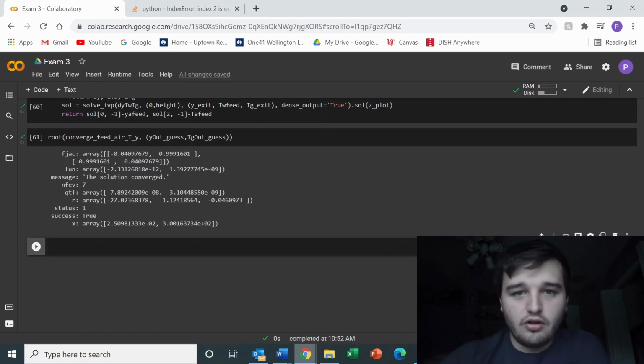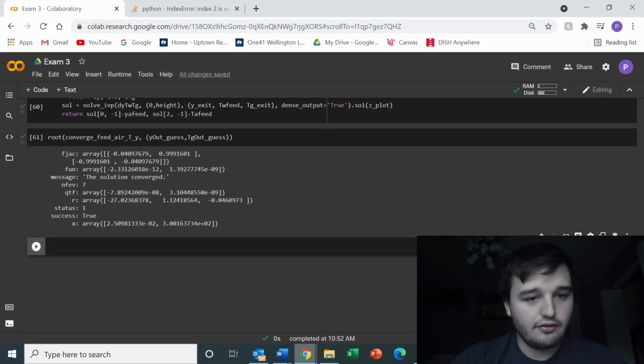So now that we have globalized sol, the solution to the IVP as well as the convergence solution from the root solver, we can go ahead and graph these solutions with the linearly spaced values from z plot as the x value for our graphs, and the y value will be the solutions, the first, second, and third elements of the solution array, as the y-axis in our graph.